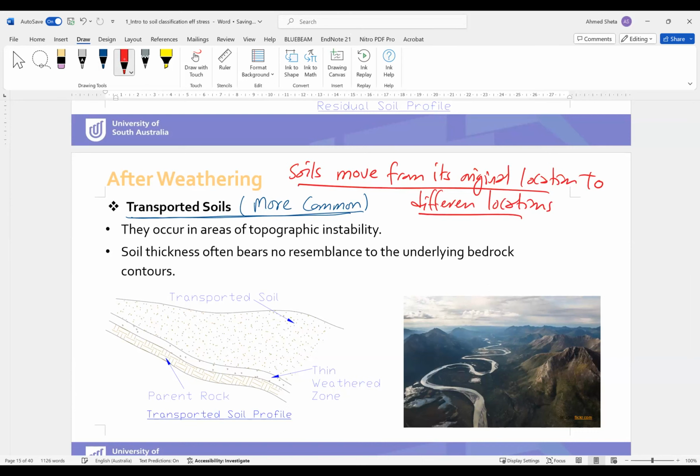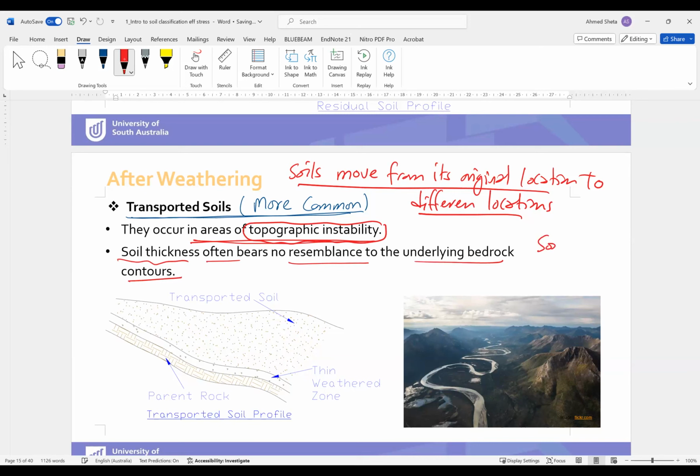This type of soil occurs in areas of topographic instability. The other type, residual soil, was in stable topographic areas, but this one occurs in topographic instability areas, and the soil thickness often bears no resemblance to the underlying bedrock contours.